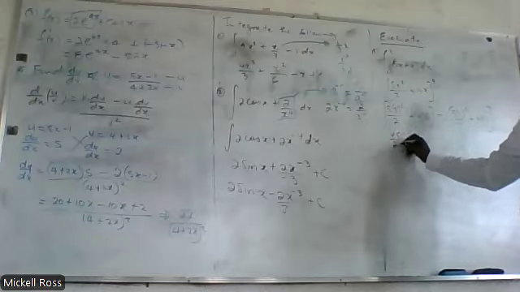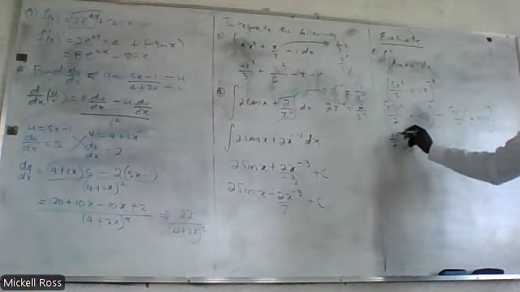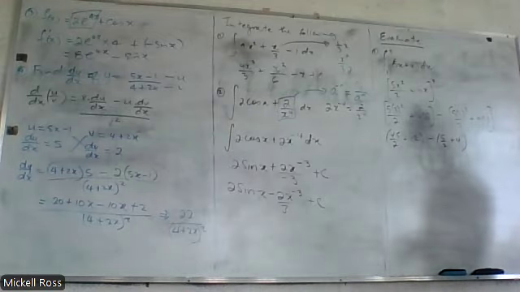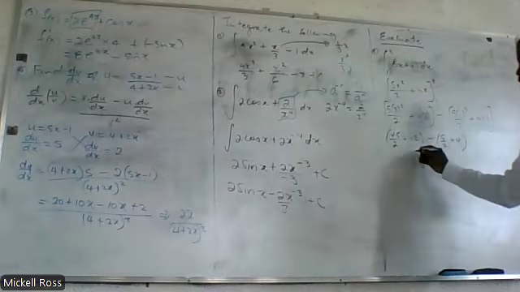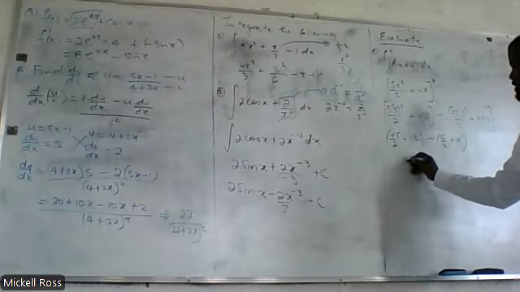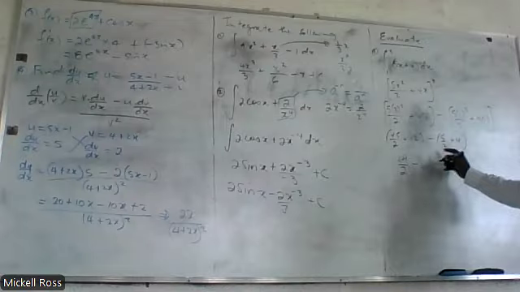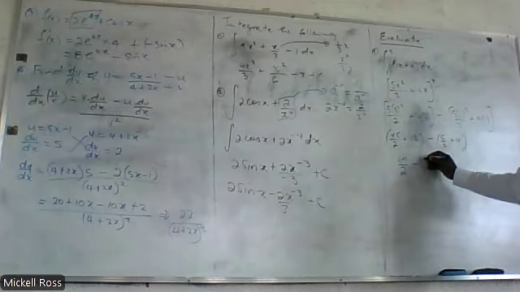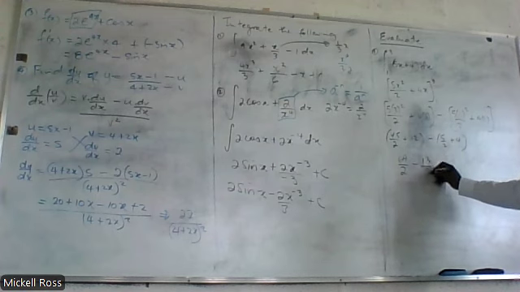45 over 2 plus 12, and this is going to be 5 over 2 plus 4. So over this side is going to give us 69 over 2, minus over this side, which is going to be 13 over 2.